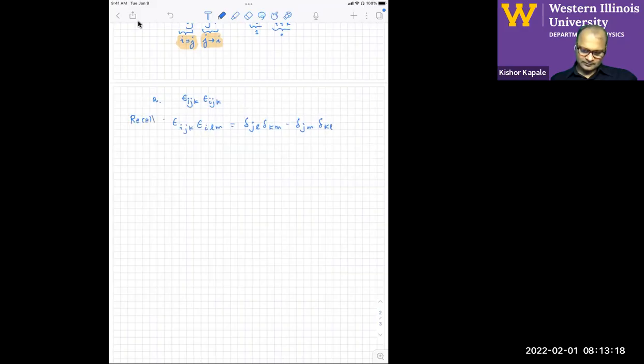The Levi-Civitas directly are very difficult to manipulate. And so you always want to see if you can convert them into the delta function. Then that makes life a little easier. So anybody who wants to help me here, how would we do this, right? It's kind of easy.